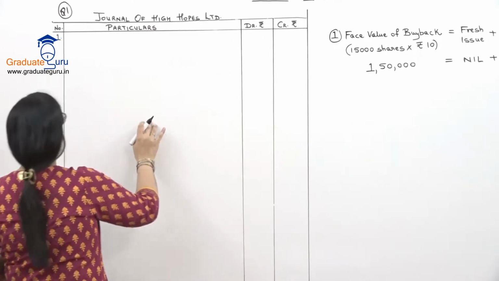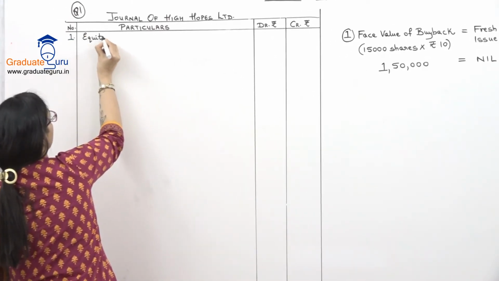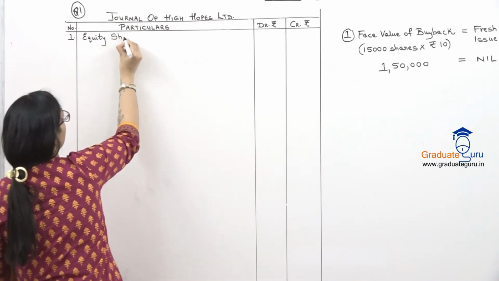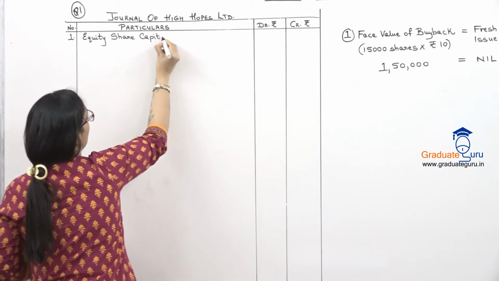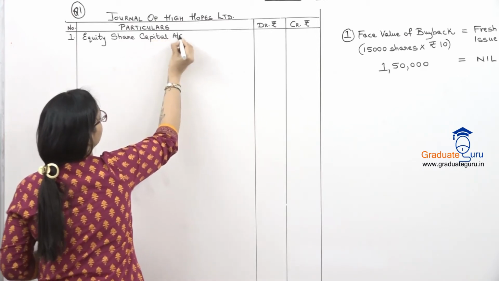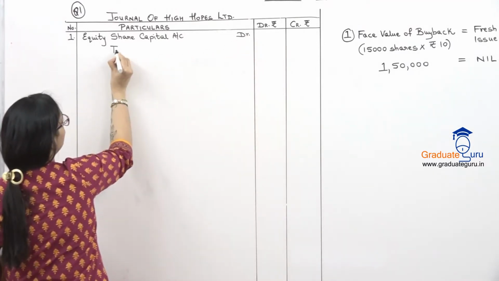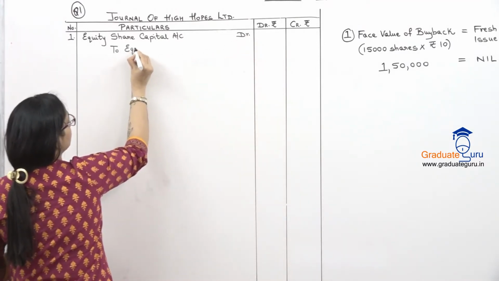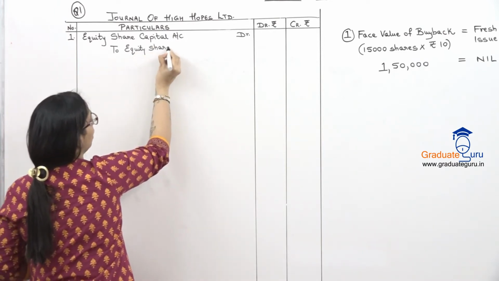So first we will record our buyback. We cancel our equity share capital when we are buying back. So equity share capital account debit. And whom do we have to pay to? To equity shareholders account.